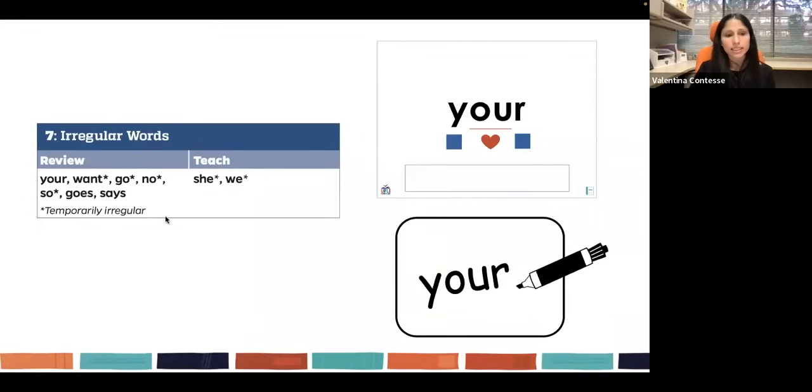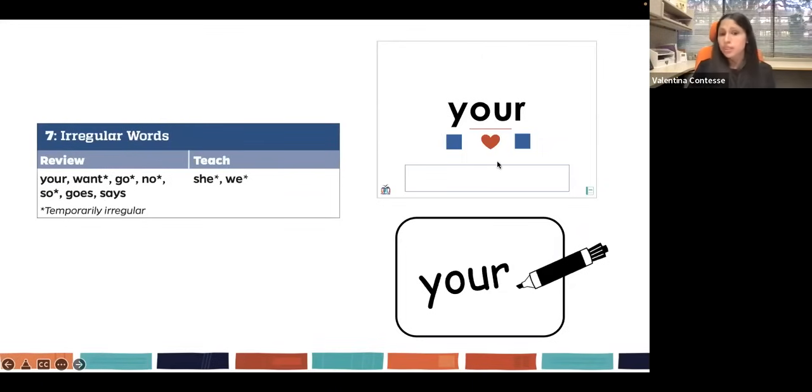We can see here that go and no, again, are temporarily irregular words. And we want to make sure that during both review and teaching of new words, we're providing students with both reading and spelling practice, focusing on those sounds in order to promote orthographic mapping of these words.